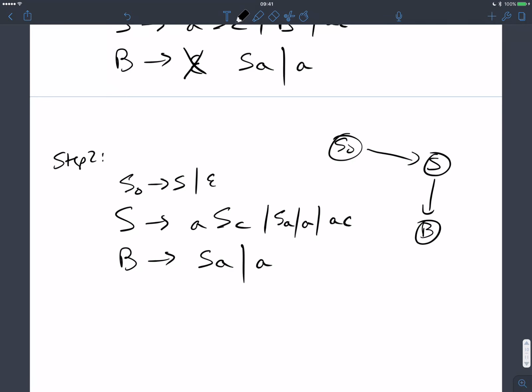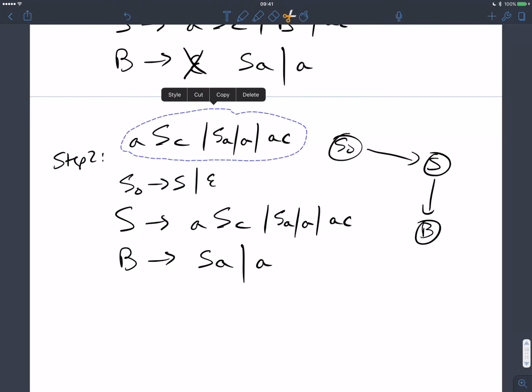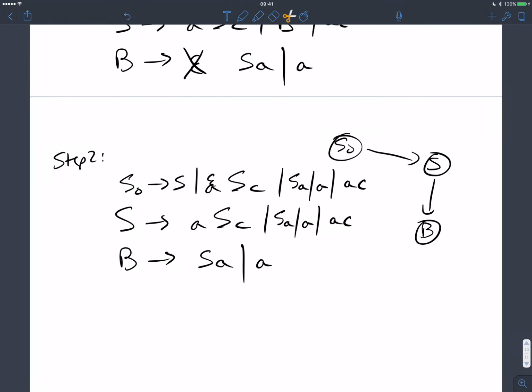So put those there. And the exact same thing for the S part. Everything's in the way. I'm just gonna stick it on front.